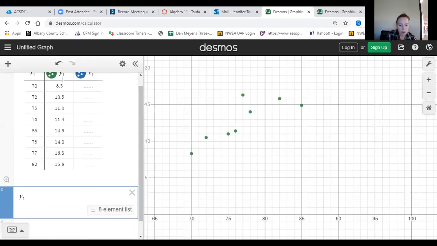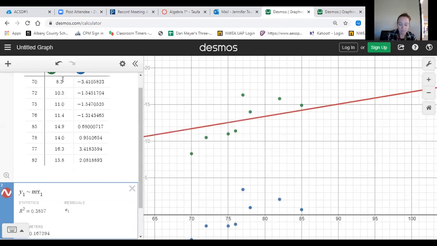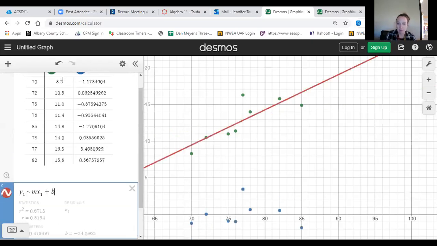Then you have to do the tilde, or the squiggle, and where you find that is right above the tab key on your keyboard. It'll be shift squiggle, and then it'll be mx1 plus b. And that is the best possible line you can draw through that data set.